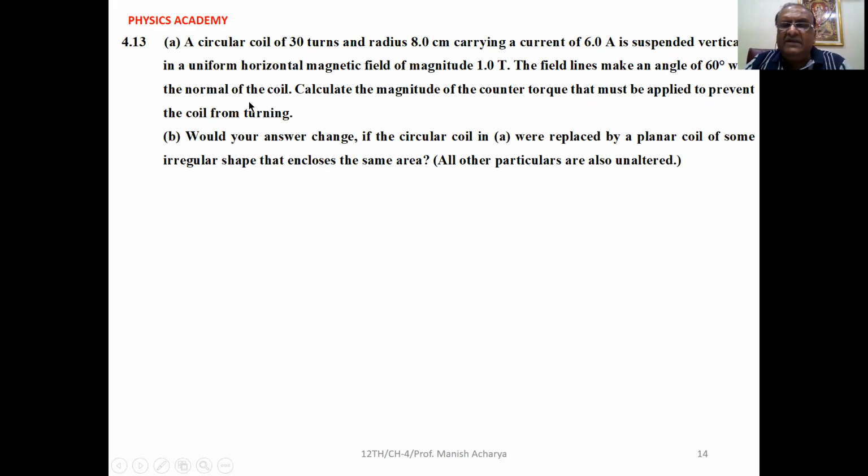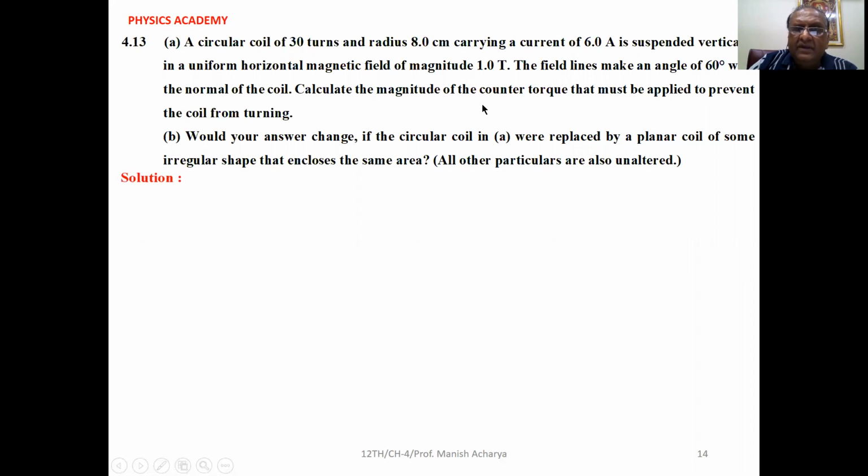Normal to the coil means with respect to the area vector. A. Calculate the magnitude of the counter torque that must be applied to prevent the coil from turning. B. Would your answer change if the circular coil in A were replaced by a planar coil of some irregular shape that encloses the same area? All other particulars are also unaltered.